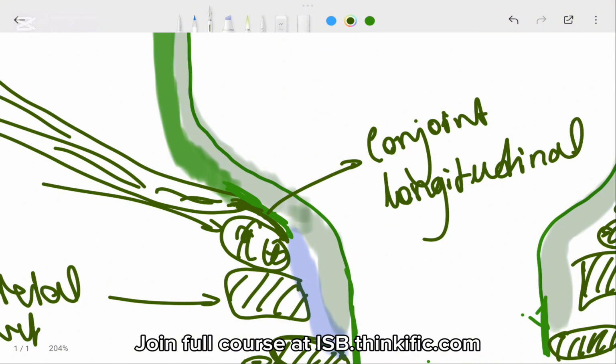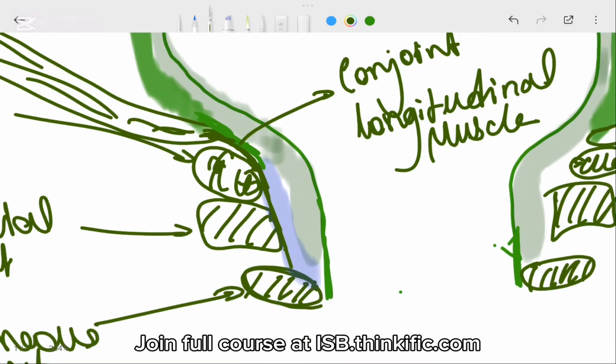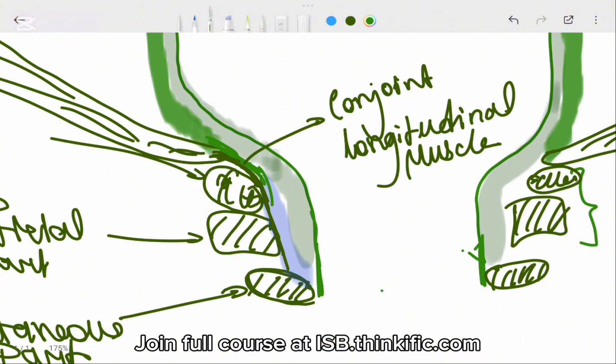What is conjoint longitudinal muscle? It's partly the descending outer longitudinal smooth muscles of the rectum, and partly muscle fibers derived from the levator ani, from the pelvic floor. Together, they descend in the intersphincteric plane, and they fill the intersphincteric plane.